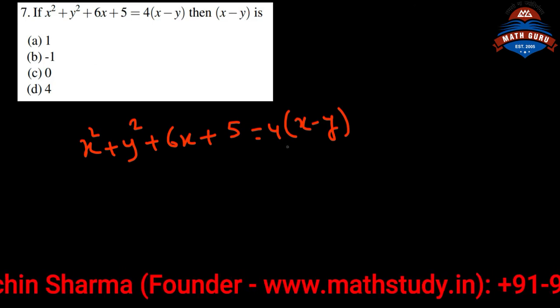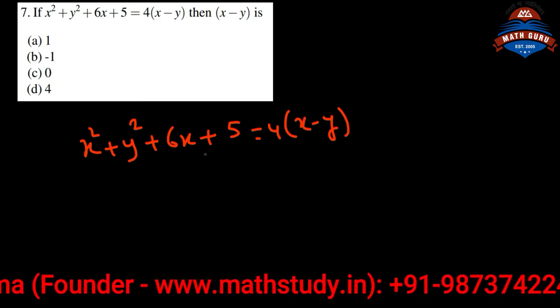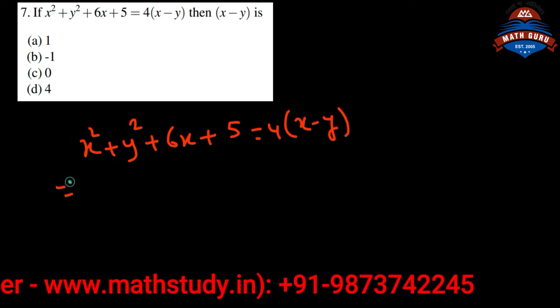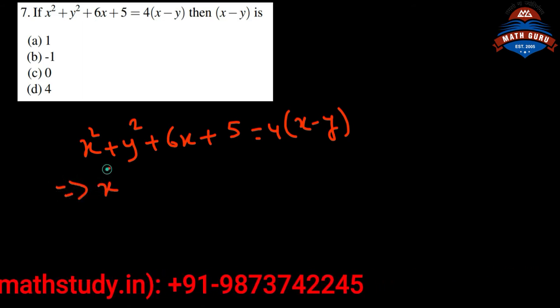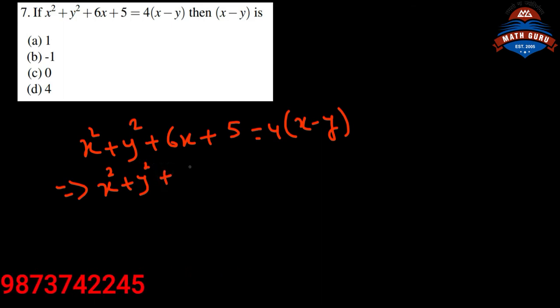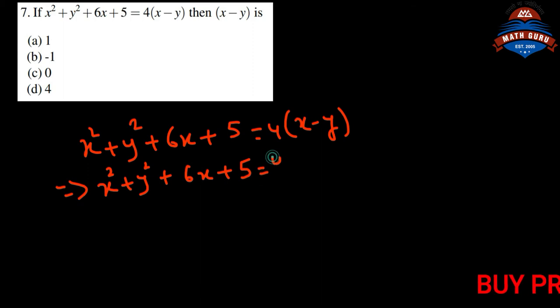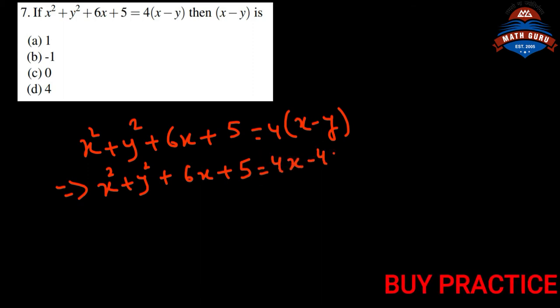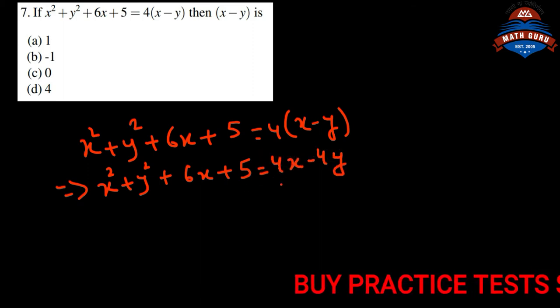Now what we can do, we first simplify the RHS term, and we will move step by step. So x square plus y square plus 6x plus 5 equals 4x minus 4y.